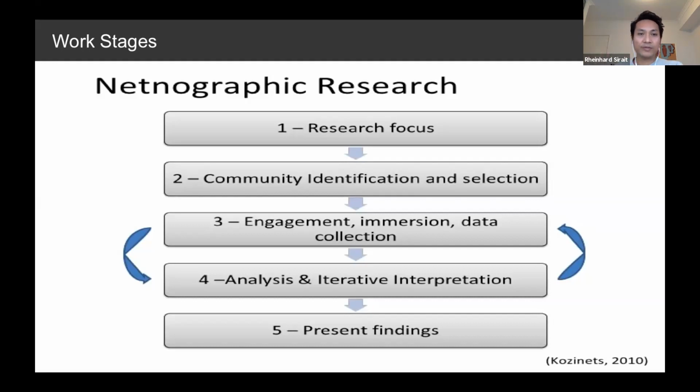And then in week 2, maybe you start to identify the community and the selection, and let us know, I want to choose this particular community, and this is the size of the data that we can possibly have. For instance, they have a website, communities, groups, and I will join them, and how you join them, etc. Then in week 3, I will start to engage with them and start to collect the data.